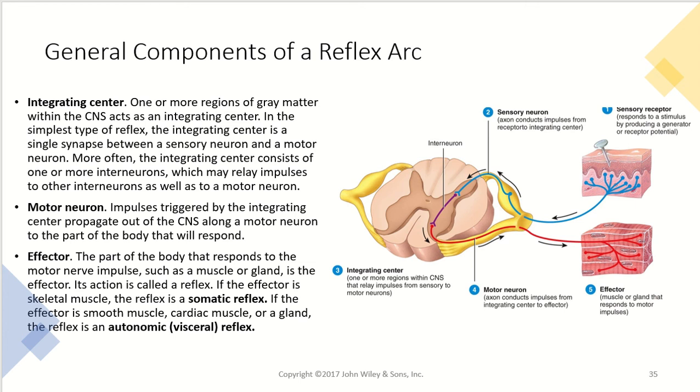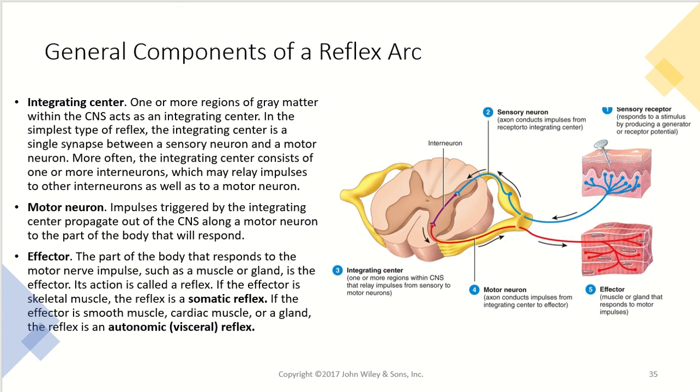And more often, the integrating center is going to consist of one or more interneurons, which may relay impulses to other interneurons as well as to the motor neuron. So our next part of the reflex arc is going to be the motor neuron, which you can see here. Our motor neuron.